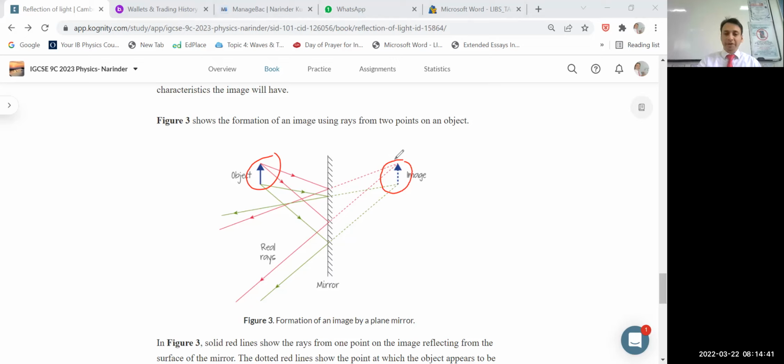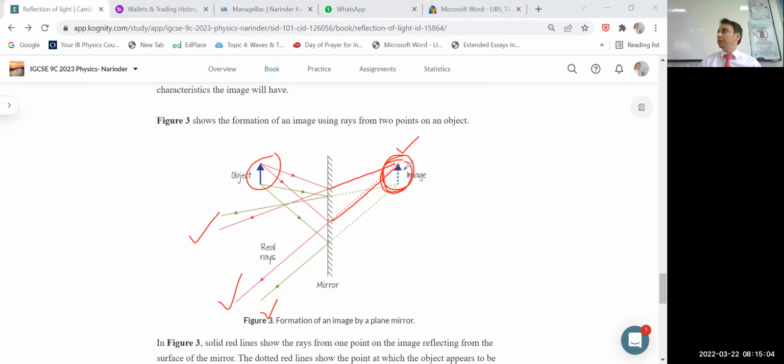Because at this point, children, the rays are not meeting. Basically, after reflection, the rays are going in this direction. But if you produce them in the back direction, it appears that they are meeting at this point, and that is a virtual image of the object.